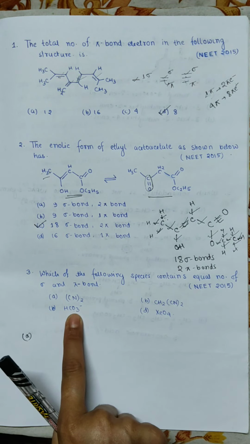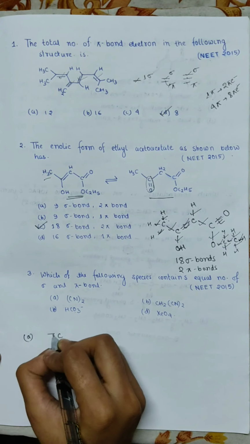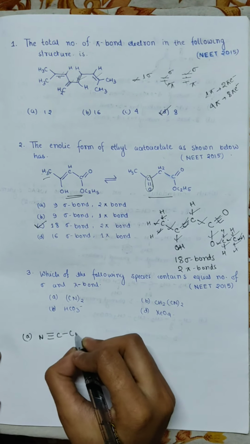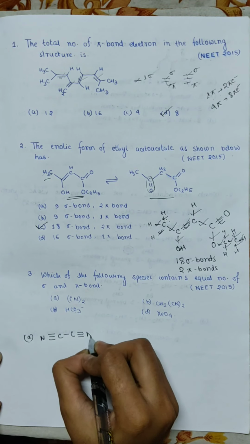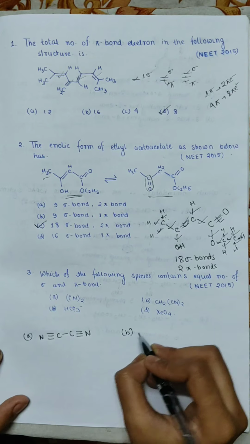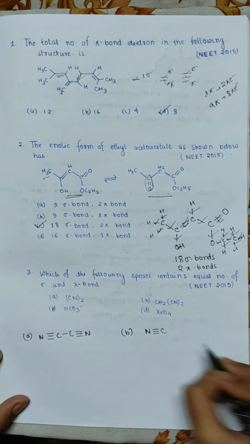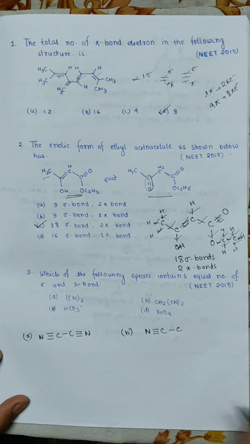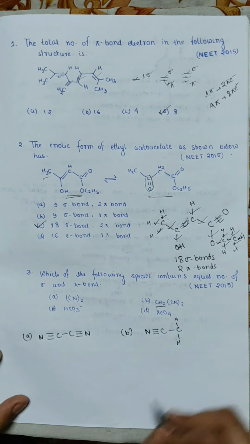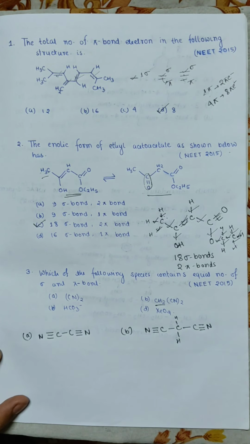So this structure is carbon triple bonded with nitrogen, carbon triple bonded with nitrogen. Now structure of option B is nitrogen triple bonded with carbon which is bonded with another CH2, so CH2, and another cyanide group on the other side of CH2.